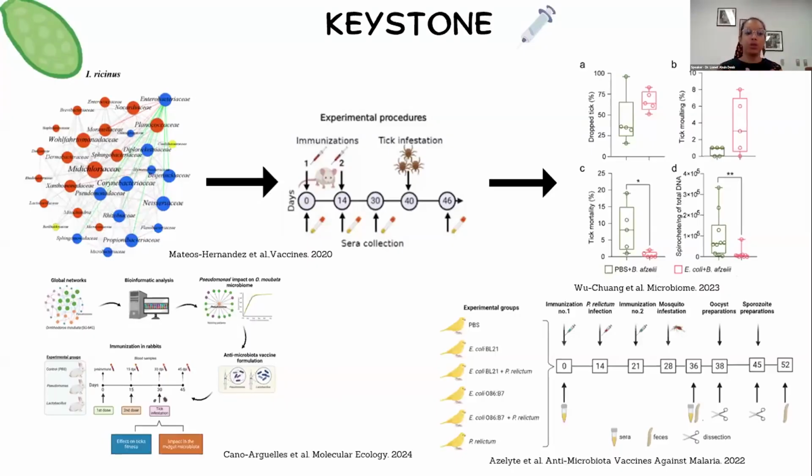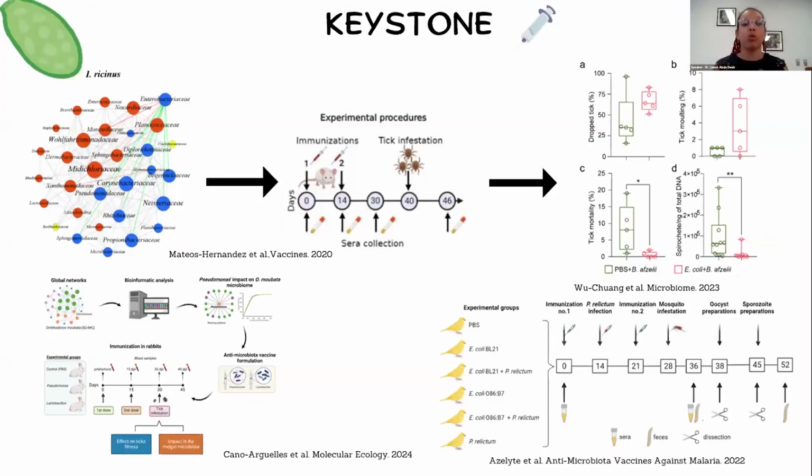Using this approach, Mateos Hernandez et al. in 2020 identified an Enterobacteriaceae as a keystone in the Ixodes ricinus microbiota. Using this approach, they developed an anti-microbiota vaccine that proved effective on tick fitness and also on the transmission of Borrelia, blocking or reducing the number of spirochetes, the total spirochete DNA.